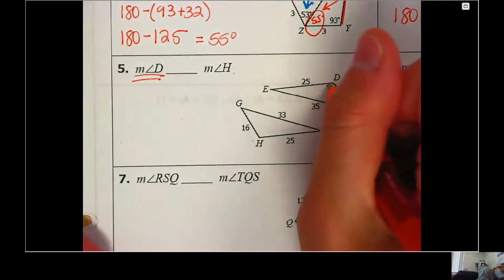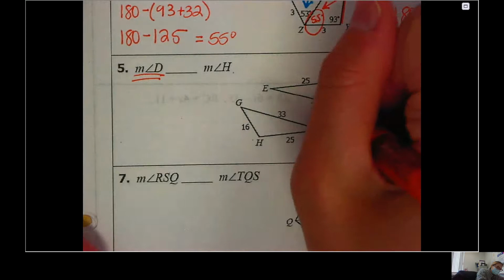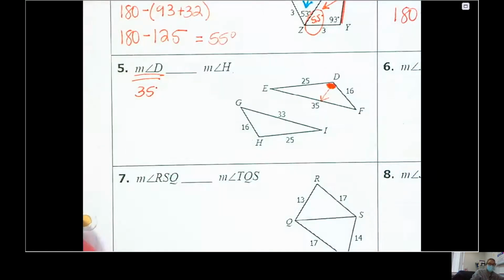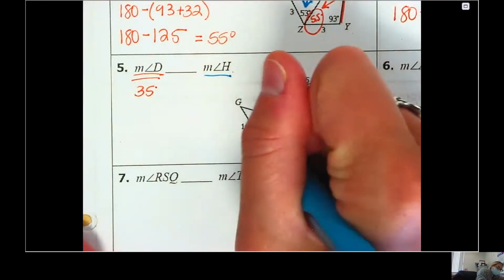So angle D is right here. Which side is across from angle D? 35. Yep, side EF right here, 35. So this time I'm going from an angle to a side. I just don't actually need a degree symbol there. Okay, angle H is right here.